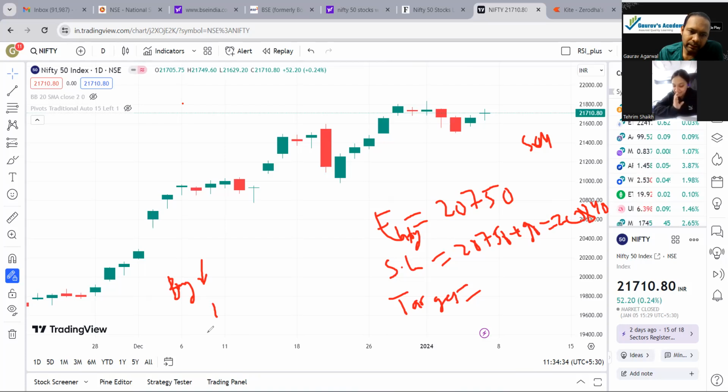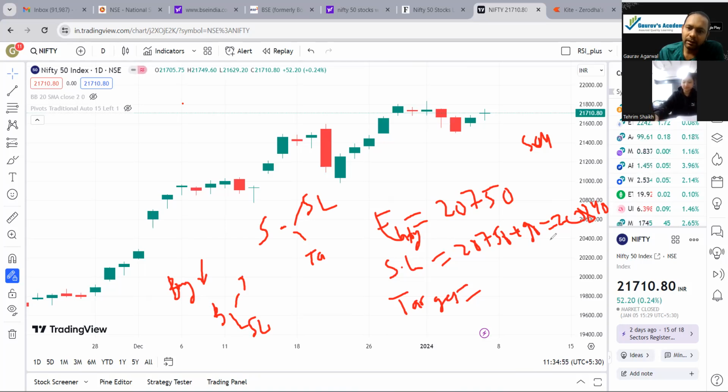See, in the buying trade, our stop loss was towards the downside and target was towards the upside. But in case of sell, our stop loss will be towards the upside and target will be towards the downside because we are selling it. So our stop loss is 20840. Fine.